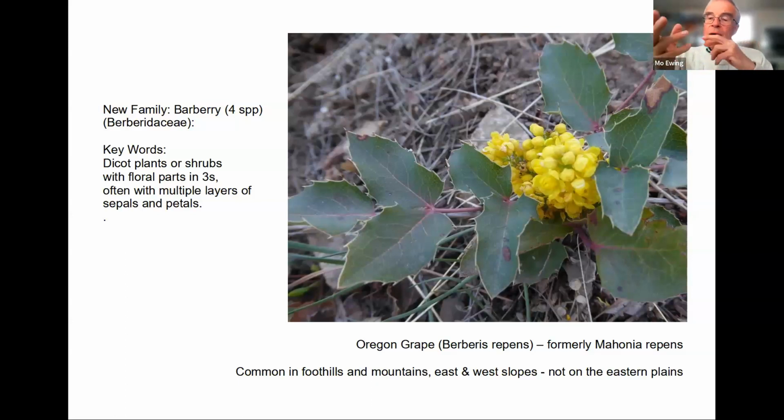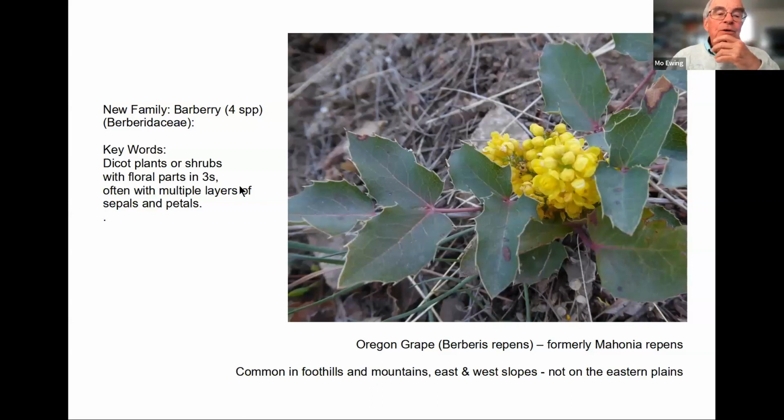And so, monocots and dicots, and we'll talk about this a fair amount later in some of the other plant families, is one of the ways that you tell the difference before you even get into family, whether it's a monocot or dicot. But this plant is a dicot plant.